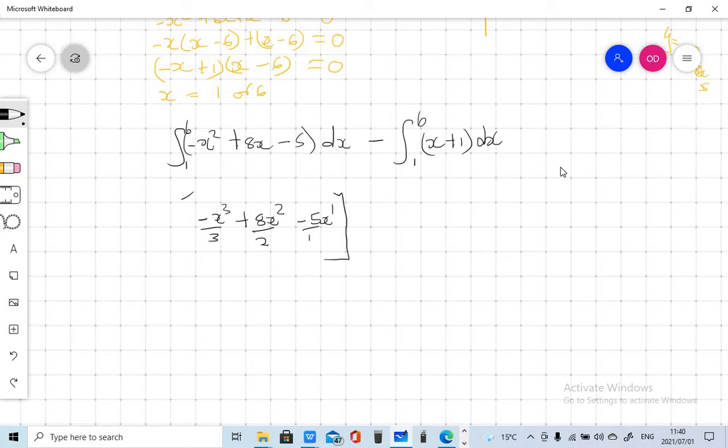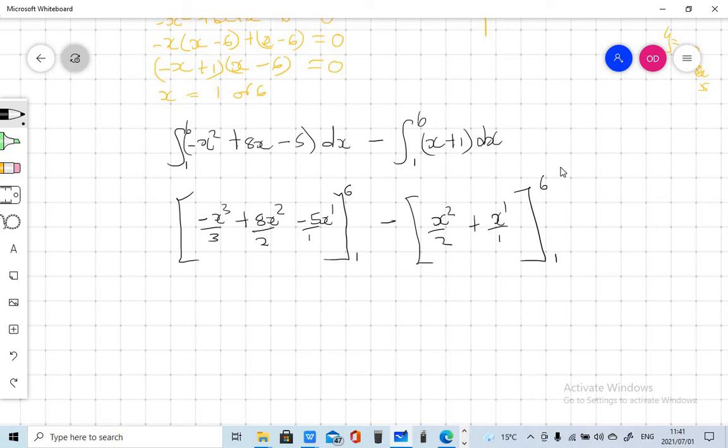Okay, now the limits, we're going to put the limits on there, 6 and 1, and we're going to substitute them in later, but we are going to integrate the other part of the equation first. If we integrate x, it becomes x squared over 2, and then plus 1, when integrated, becomes x to the power 1 over 1. So that's that. The upper limit is 6 and the lower limit is 1. So the next step will be for us to substitute all these values in.